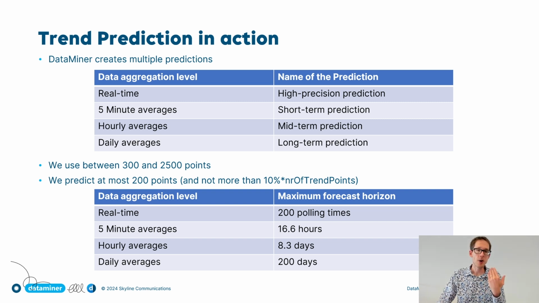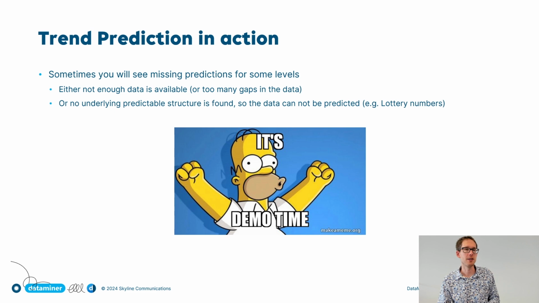Okay. Now, I already mentioned that sometimes you will not see all of these 4 predictions on your screen. The reason can be that there's not enough data available, but there's another reason. Sometimes the data simply does not have an underlying predictable structure. For example, think about the case that you want to predict the first lottery number of next week.